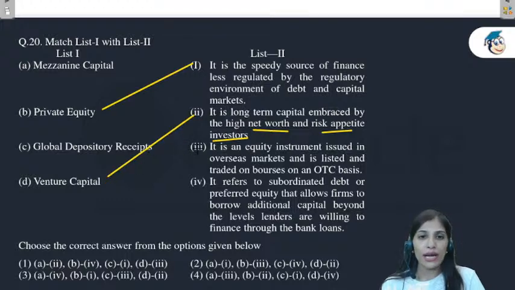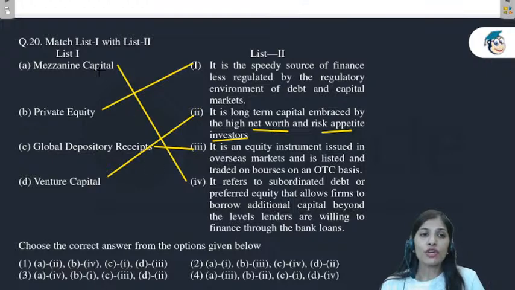It is venture capital. It is an equity instrument issued in the overseas market. Overseas market, we all know, is GDRs. It refers to subordinated last term option, that is mezzanine. Right?